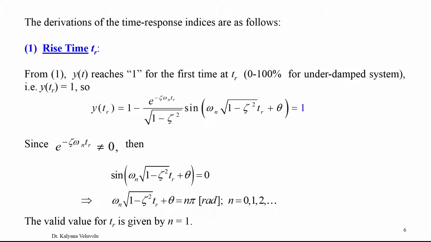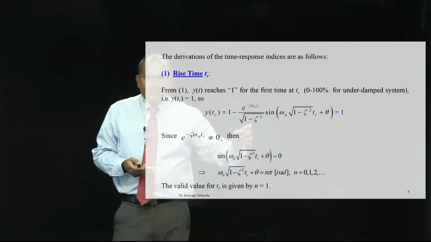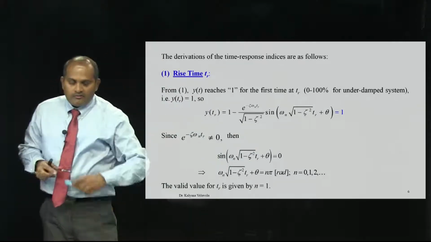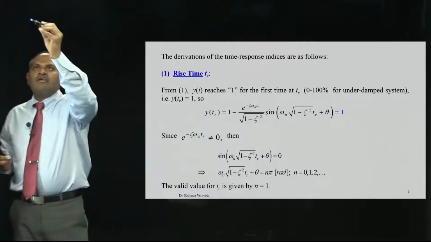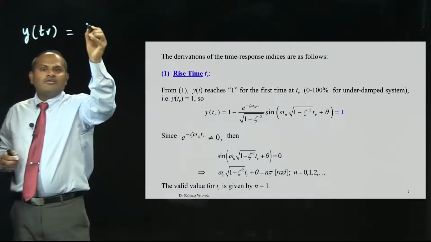Let us go with the rise time. What is rise time? If you refer to the diagram here, rise time is when y of t is equal to 1. Rise time is when the graph reaches 1. So, at t equal to tr, y of tr equals 1.